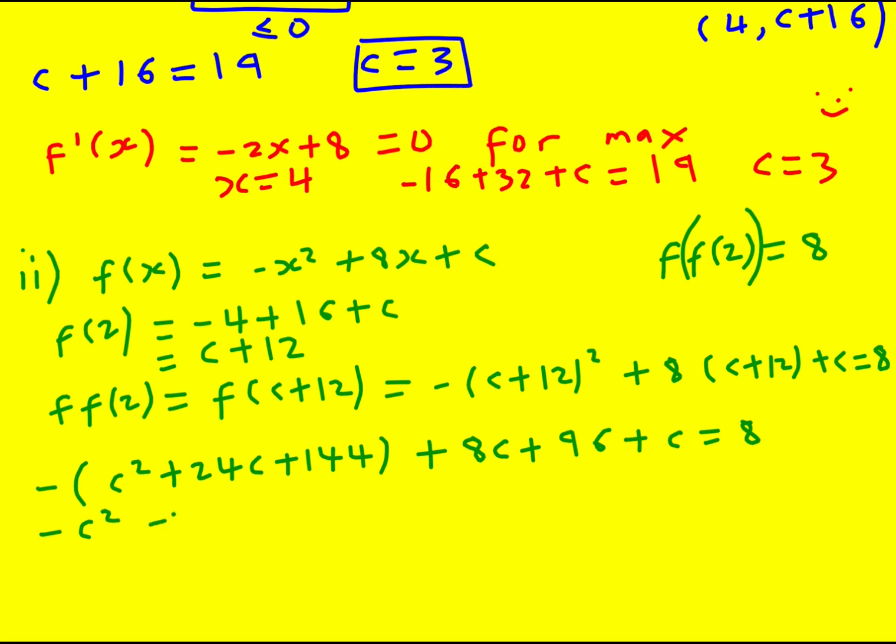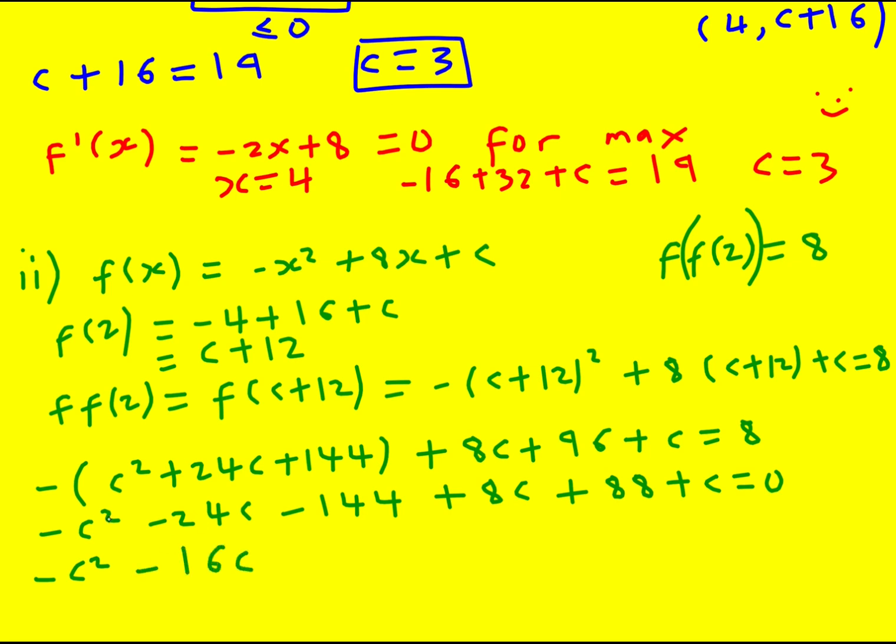Minus c squared minus 24c minus 144 plus 8c. I might minus the 8, just to collect it. So plus, it's going to be 88 plus c equals 0. Minus c squared, it's going to be minus 16c. Dealt with that, that, and that.